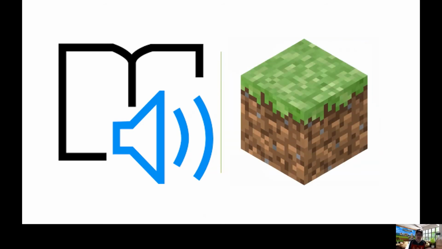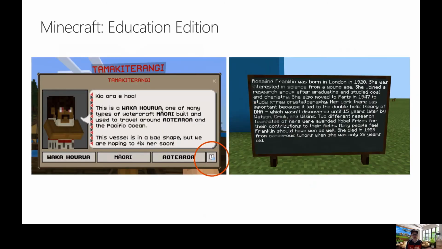The other thing that we've done is we've built it into Minecraft Education Edition. Now, Minecraft traditionally doesn't speak to you. But what we've done is we've built Immersive Reader, and you can see it down here. So when I come to this non-playing character and it starts talking to me, it's only speaking to me in text.